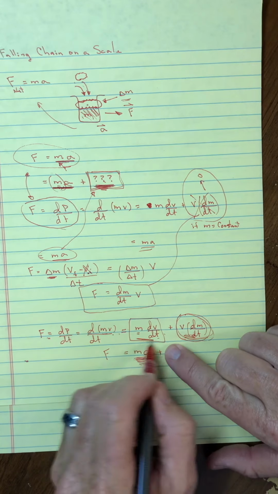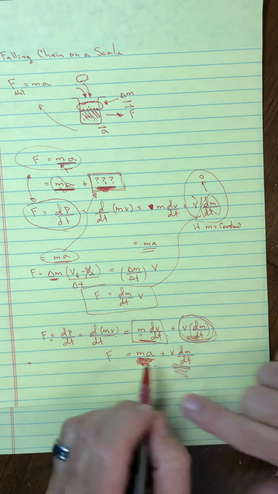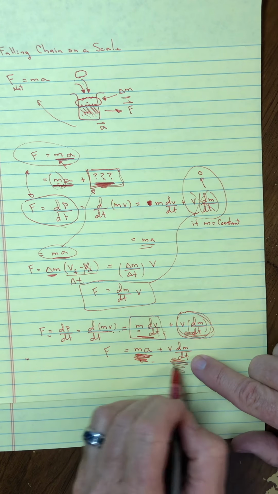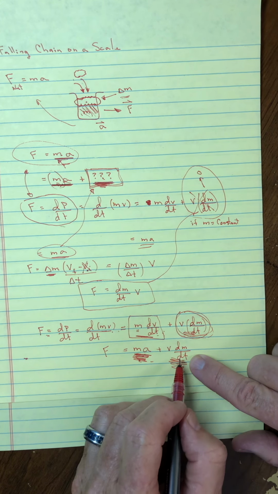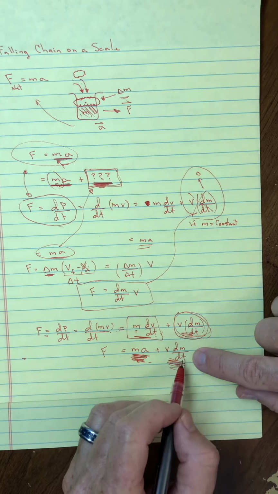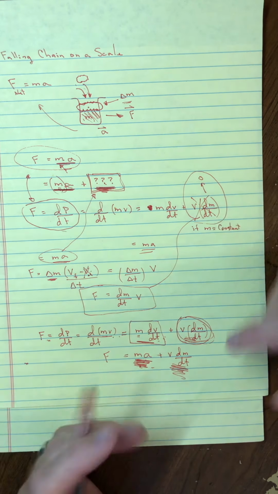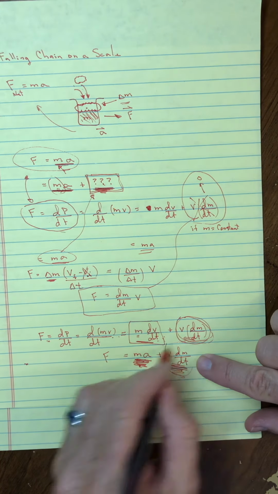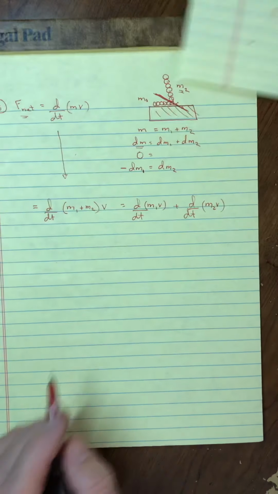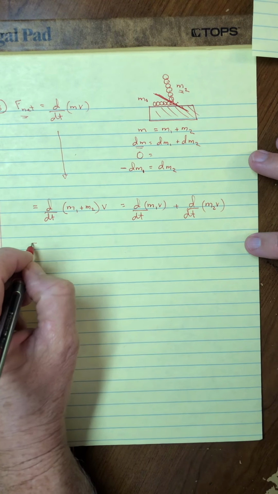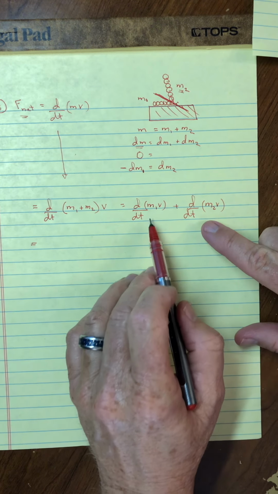And so we only did this term. We only did the ma. We never did the additional momentum that is needed to be given to the bucket because we're just giving it more mass. And so I need both of those. And that's what I'm trying to show you here. So I'm going to need both of these.